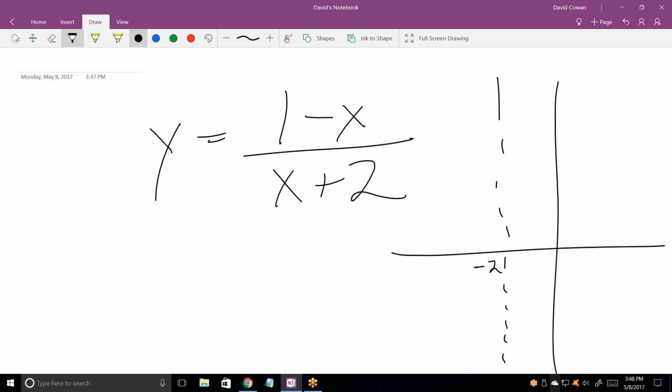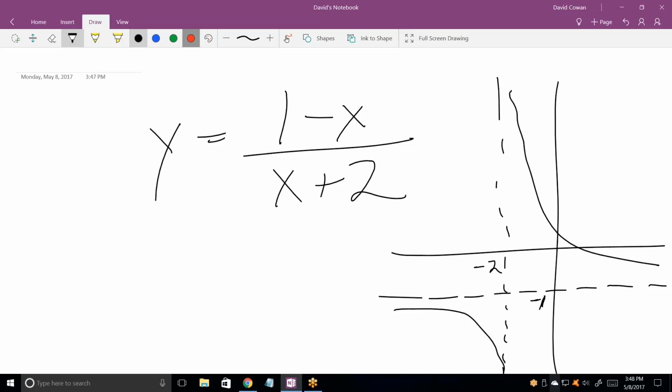Horizontal would be 1. It's the ratio. Minus 1. Sorry. Yeah, the ratio of the coefficients. So the horizontal is at minus 1. Now I know I'm either there, or second and fourth.